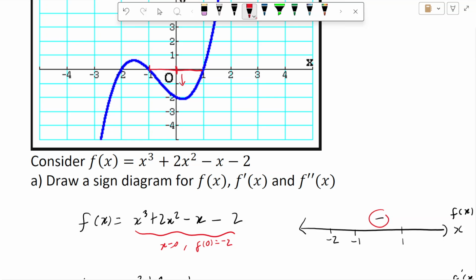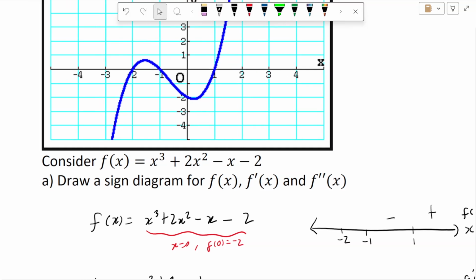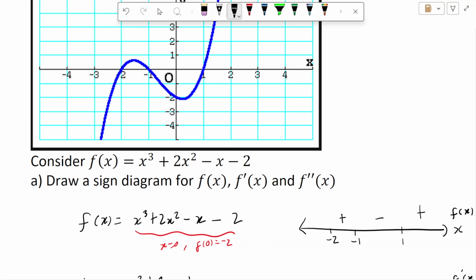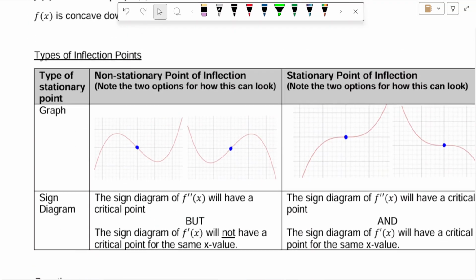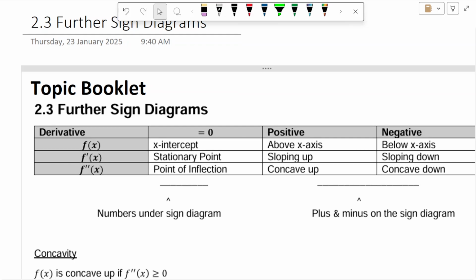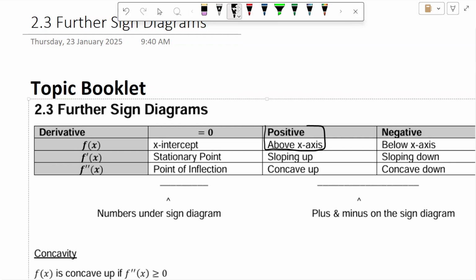That tells you that it's a minus sign there. Similarly, after 1, so everything's sort of out here, the graph goes above the x-axis. That tells you it'll be a plus sign. And then in between here, it goes above and it goes below like that. And that's basically just using the table up here. When it's positive, our function is above the x-axis. When it's negative, we're below the x-axis. So that's how we figured that out.